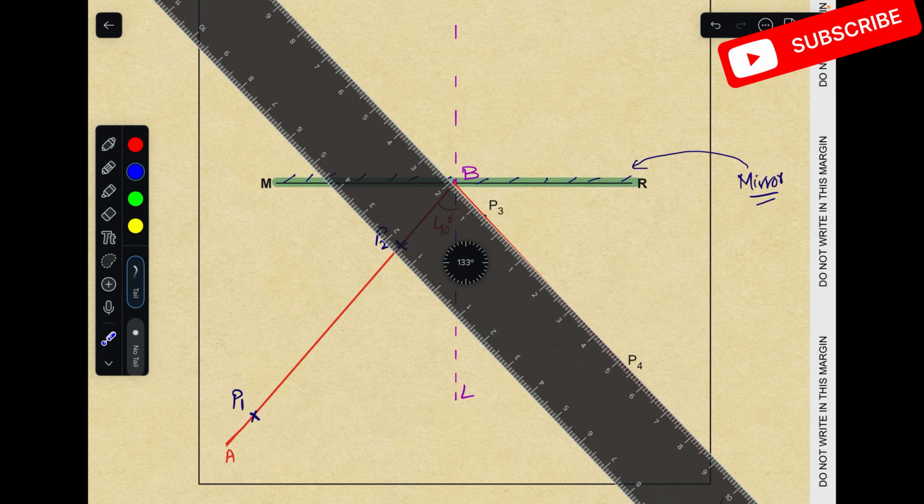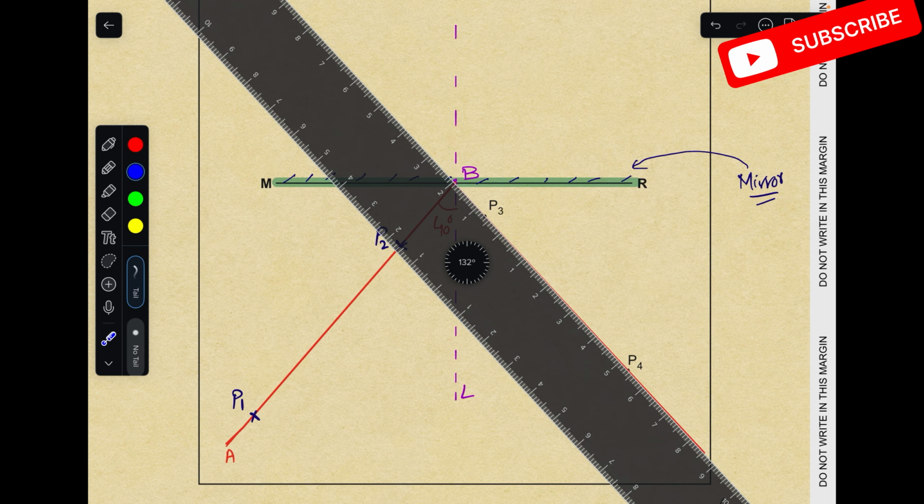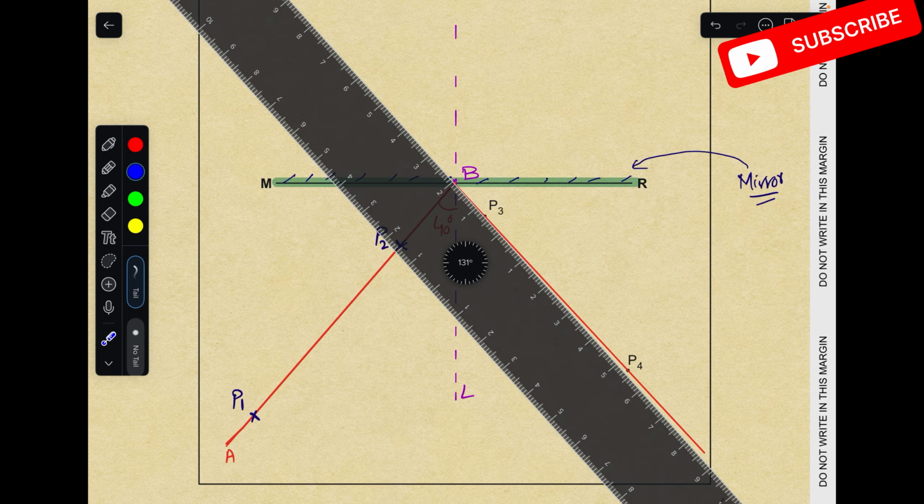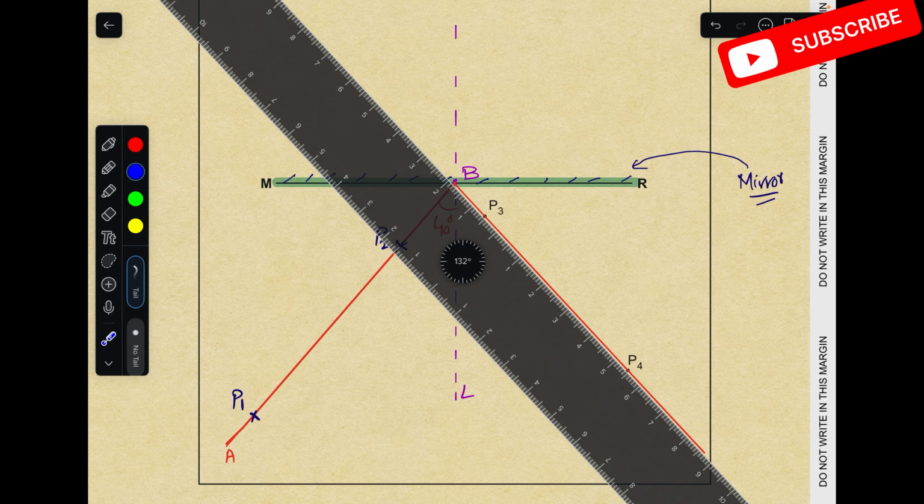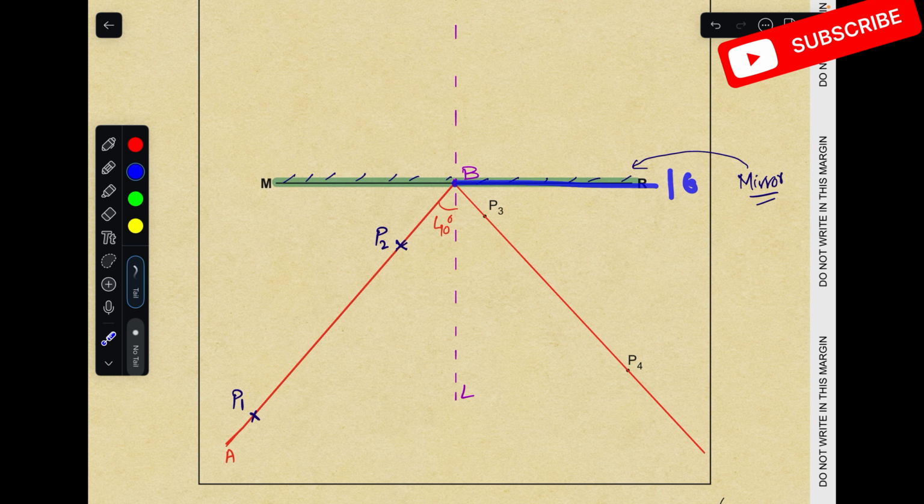Okay, it's 131 or 132 almost. On this digital scale that I'm using, this thing is showing 180 and this is showing 132.